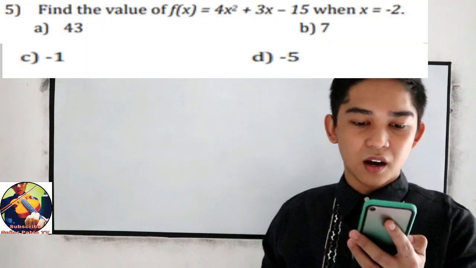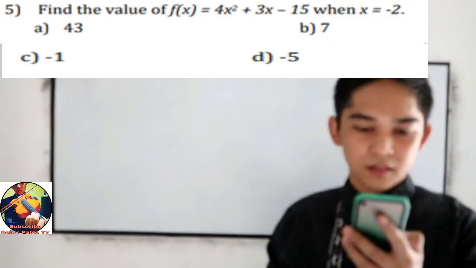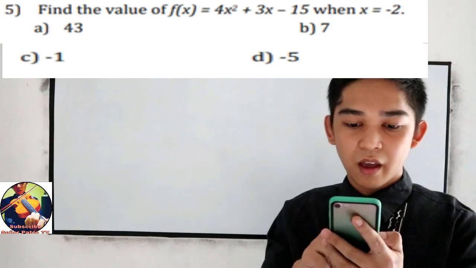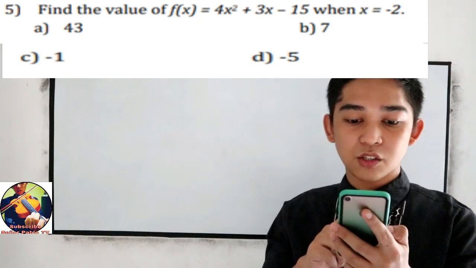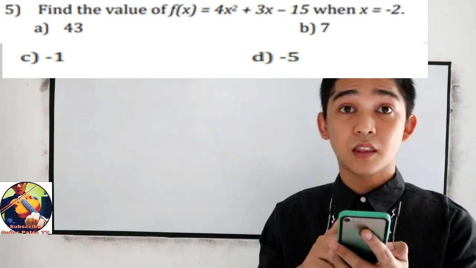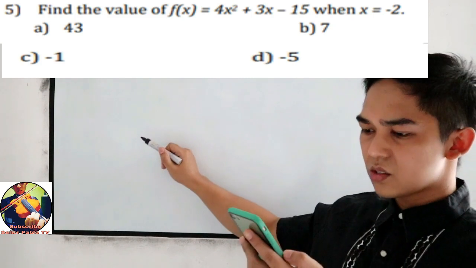Find the value of f of x. F of x is equal to 4x squared plus 3x minus 15 when x is -2. So let us solve.